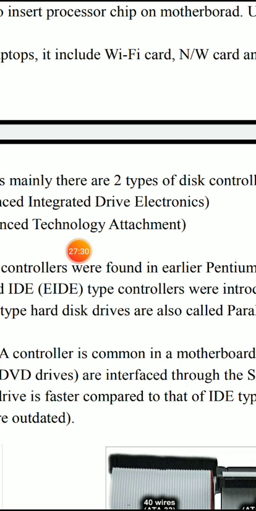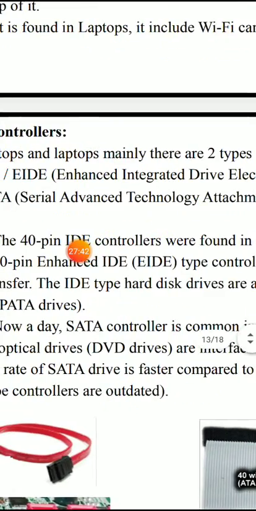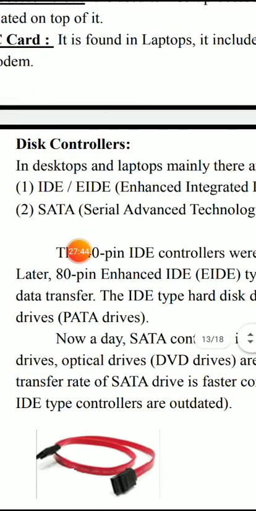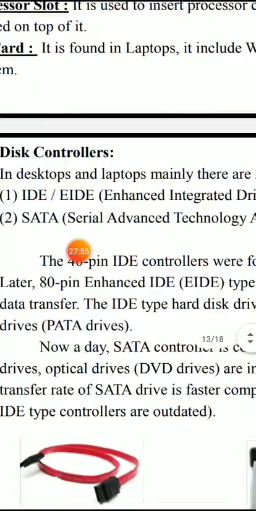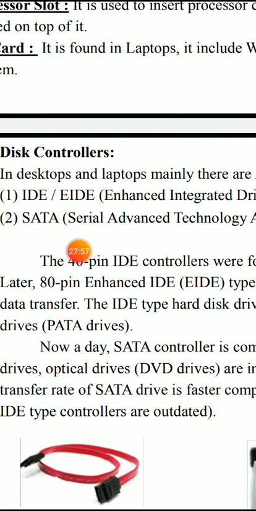Apart from this, we can also connect USB, memory cards, pen drives, etc. with the motherboard of a computer system in order to carry out reading and writing operations. Usually these storage devices can be connected with the computer system by using a disk controller. Mainly we have two types of disk controllers. One is called IDE or EIDE. The second one is called SATA.